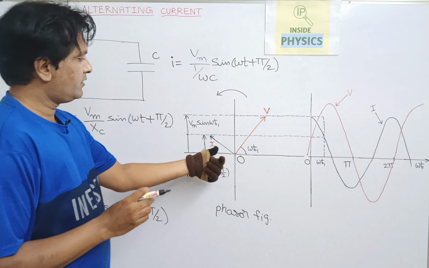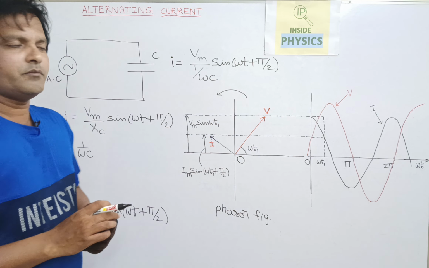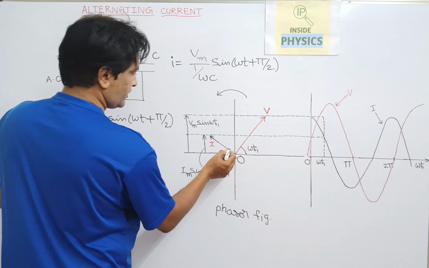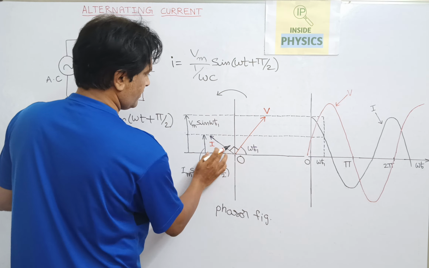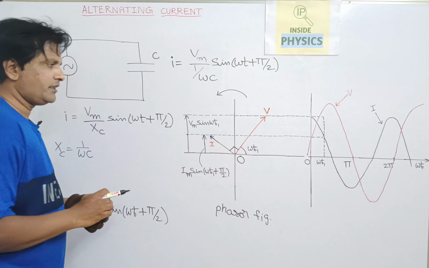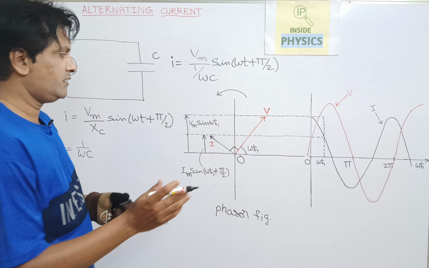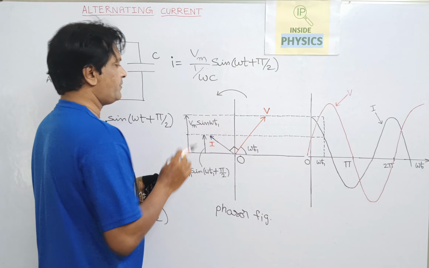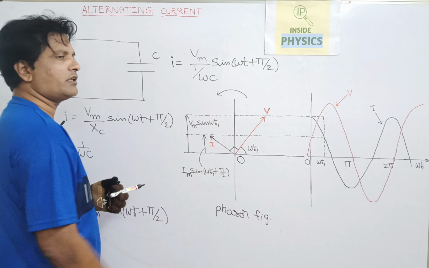So you observe the current is ahead of the voltage by a phase of pi by 2. You can see that this angle is perpendicular. There is a 90 degrees angle between the current and voltage, that is a phase difference of pi by 2. The current is ahead of the voltage.